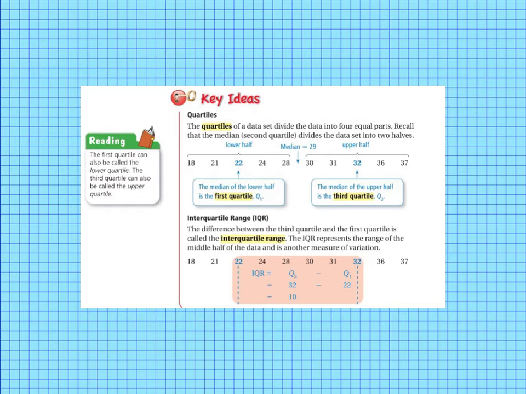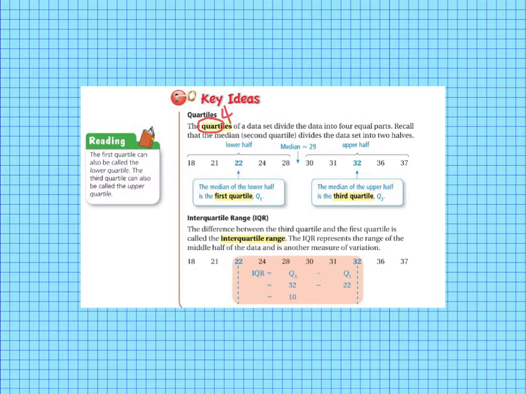Here are 2 key ideas for you, and they're pretty important, so be sure that you understand these. Quartiles. The quartiles of a data set divide the data into 4 equal parts. That's why we call them quartiles. Remember that quad and quart mean 4.